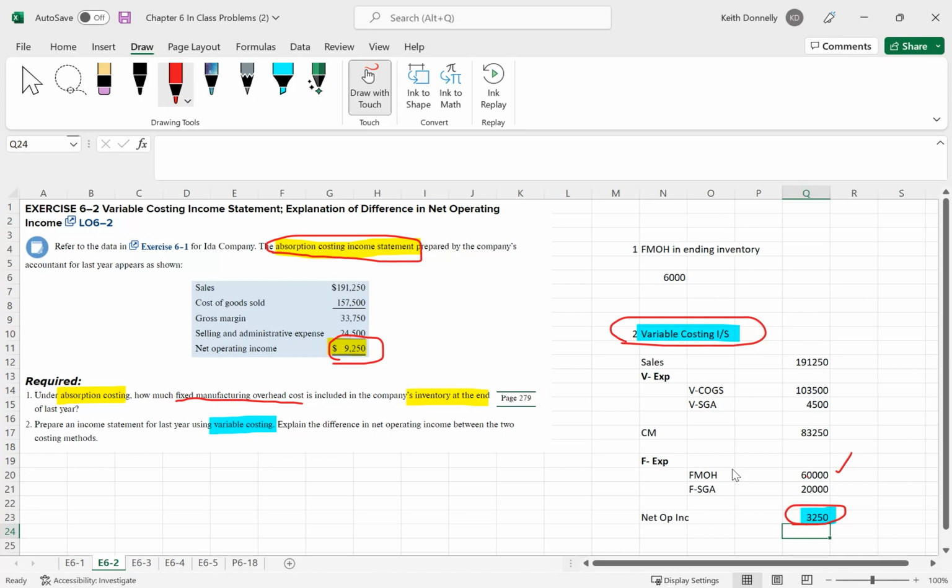And we mentioned this in the PowerPoint. Why do they even have these differences? Well, this guy right here is traditionally going to be GAAP for external reporting, whereas this variable costing is more for internal reporting.